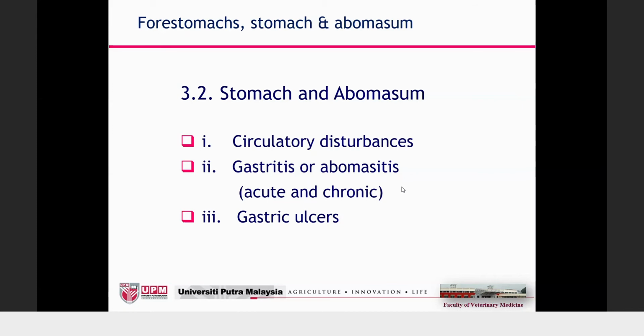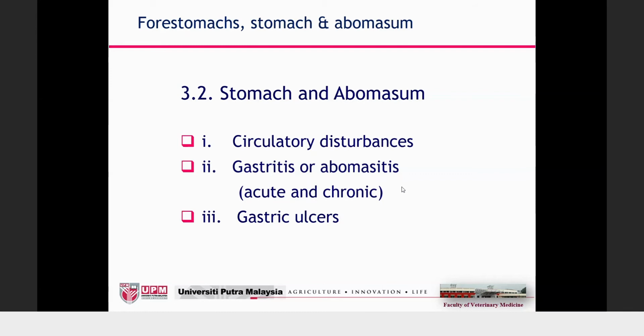And we have abomasitis. In addition, gastric ulcer is quite common in animals as well as in humans, partly due to changes in the environment of the stomach, particularly the acidity, because the stomach plays an important role in secretion of hydrochloric acid. So there is an imbalance between mucus-secreting cells that produce mucus and the peptic cells which produce hydrochloric acid.